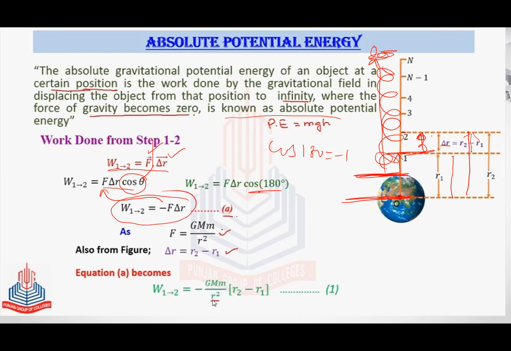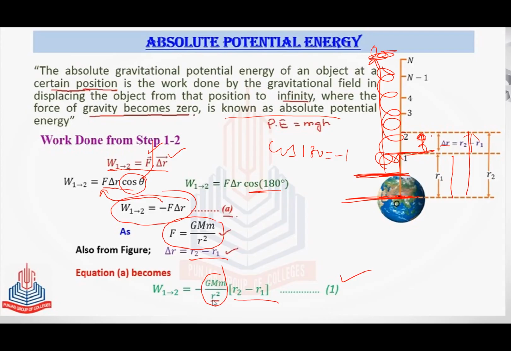Now gravitational force is equal to G M m divided by r square, and del r is equal to this. So work from 1 to 2, you put the value of force and del r, you got this equation. Now I will write this equation again for you people.